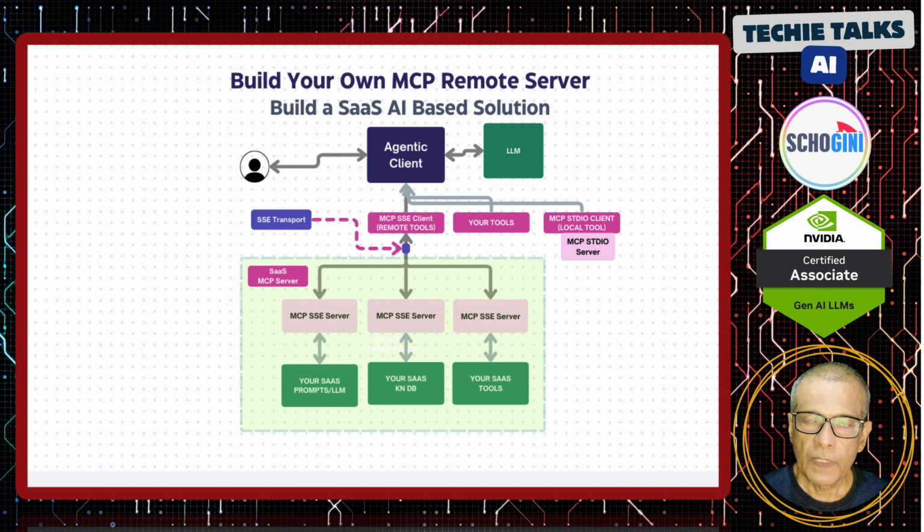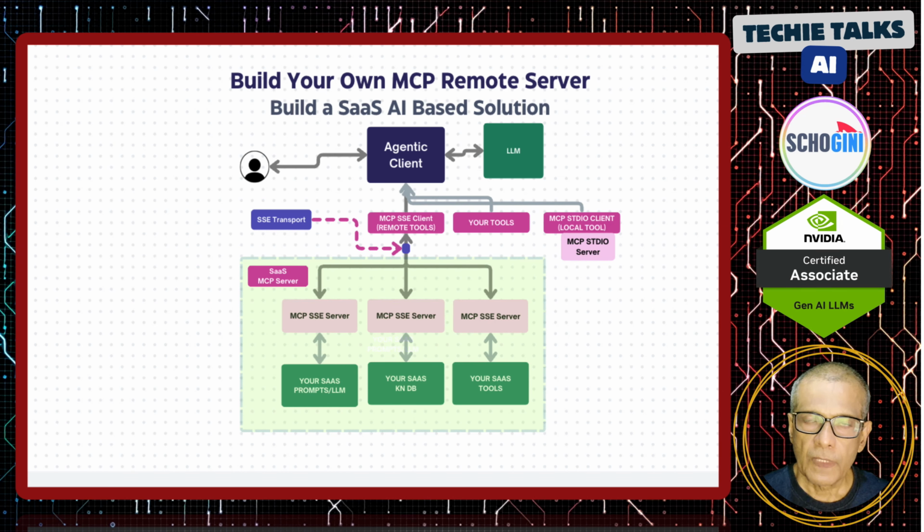We can have a locally residing tool, but we can also have a remotely residing tool. So how that happens is, there is of course an MCP client which is directly attached to the agent, but the client has an option to connect to a local MCP server or a remote MCP server.